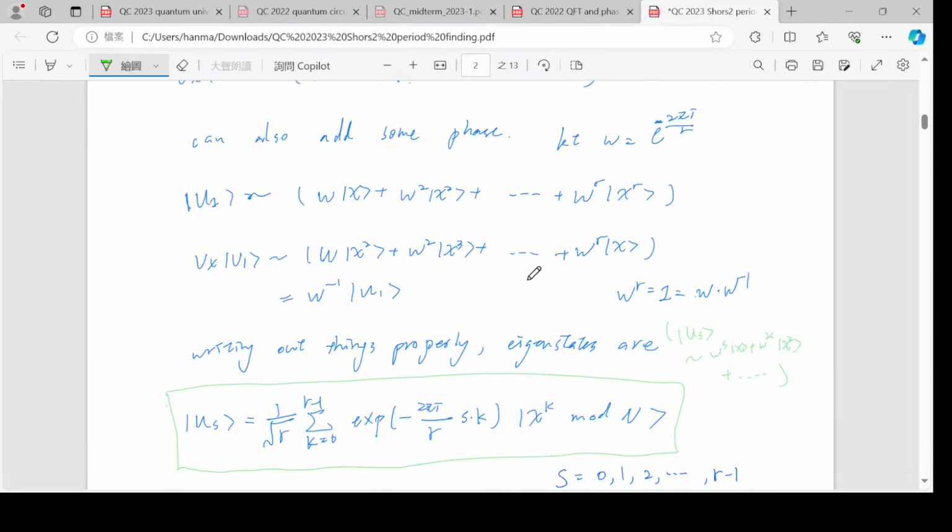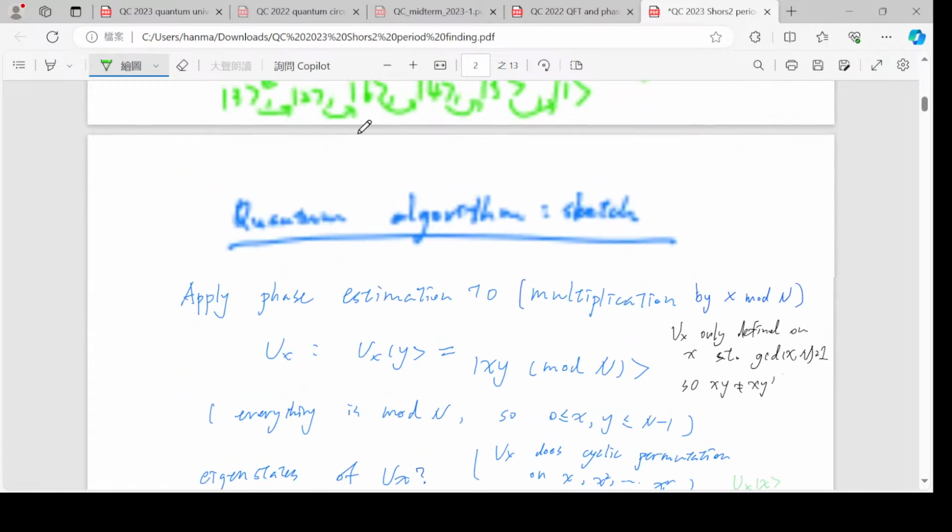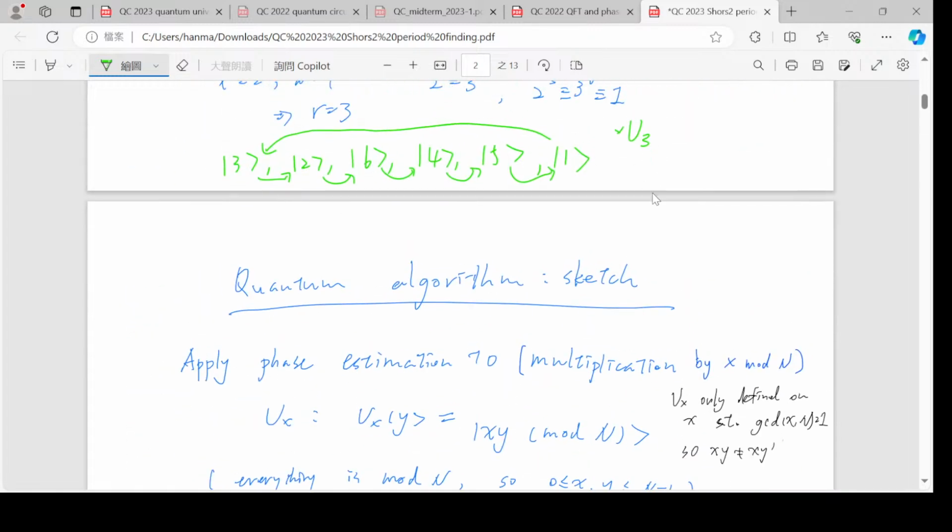So what we do is we multiply some factor of omega onto these 6 states. For example, we can multiply by omega sub 6 equal to e to the 2 pi i over 6.